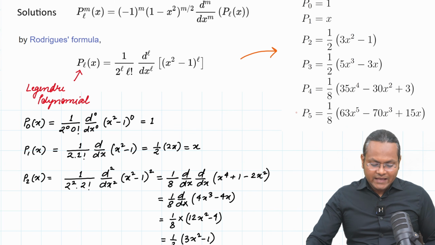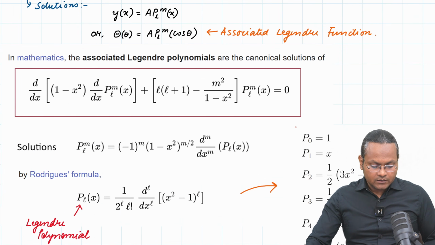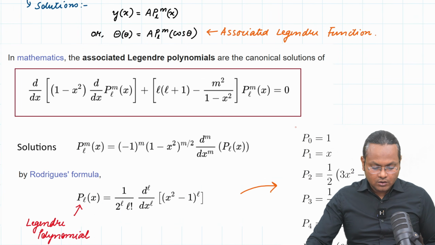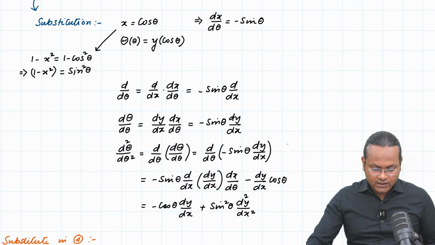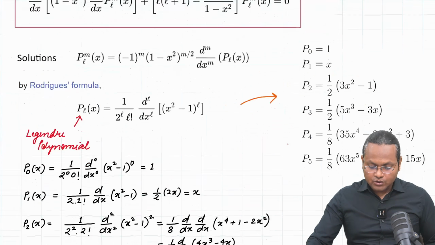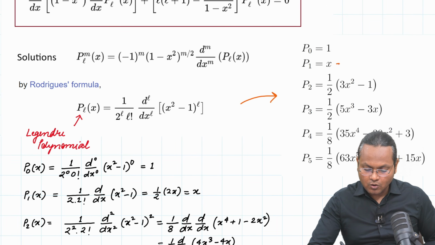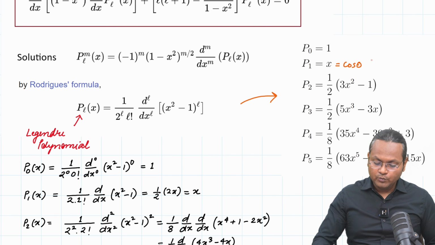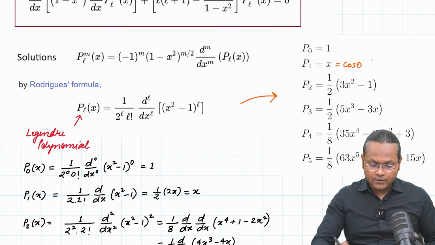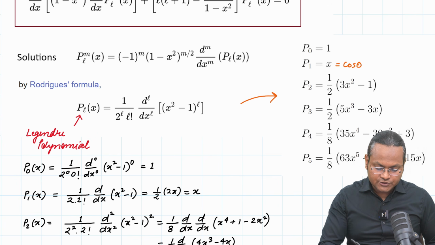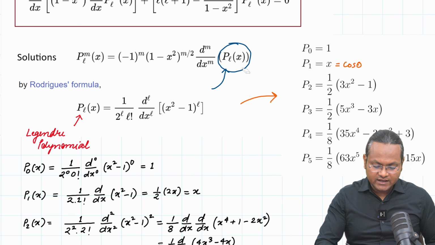But keep in mind that x here, because we are substituting cos theta with x, these polynomials are actually with respect to cos theta. So x is equal to cos theta, right? And once you rewrite these polynomials in terms of theta, then further you can substitute them in this particular equation, because these are the Legendre polynomials here, to obtain the detailed solutions.